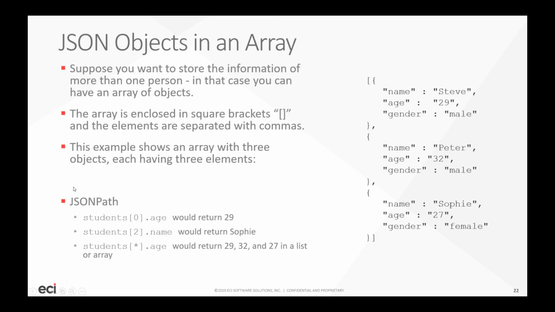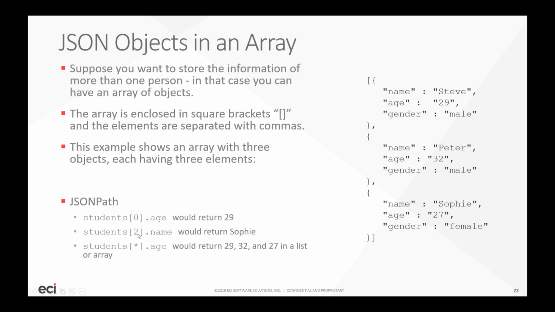If we have an array of objects, as we see here, the formatting is very similar. First, note that that array is surrounded by these brackets, and then each element in the array has the commas as a separator. So in this list of 3 people, Steve, Peter, and Sophie, if we ask for the student at position 0, that's the first student, and their age, we see that would be for Steve, age 29.